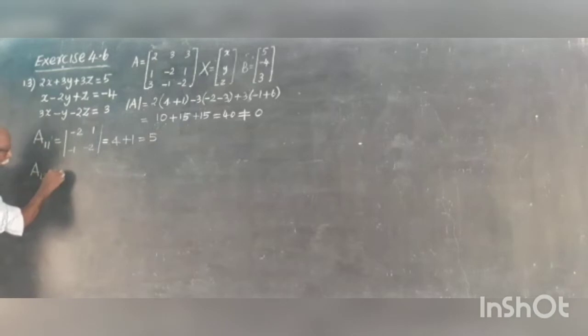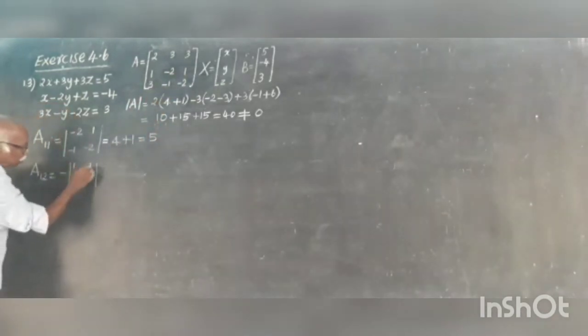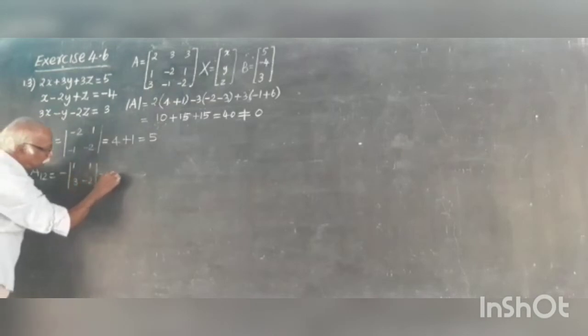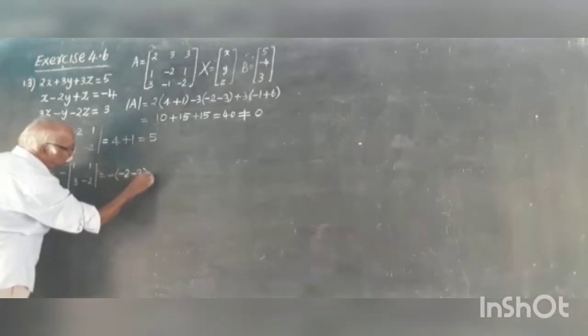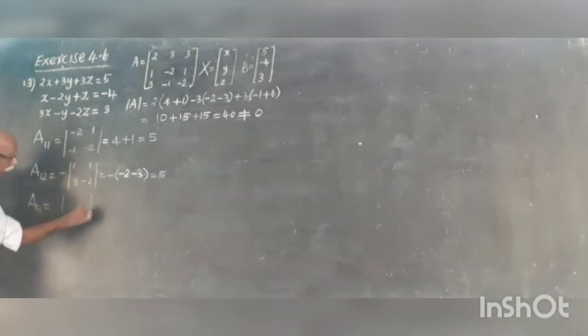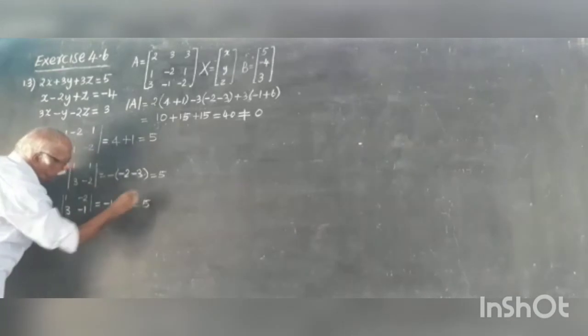A12 is negative because odd. 1, 2, 1, 3 minus 2, is equal to minus of minus 2 minus 3, which is plus 5. A13, 1 minus 2, 3 minus 1, equal to minus 1, minus 2 plus 6, is equal to plus 5.